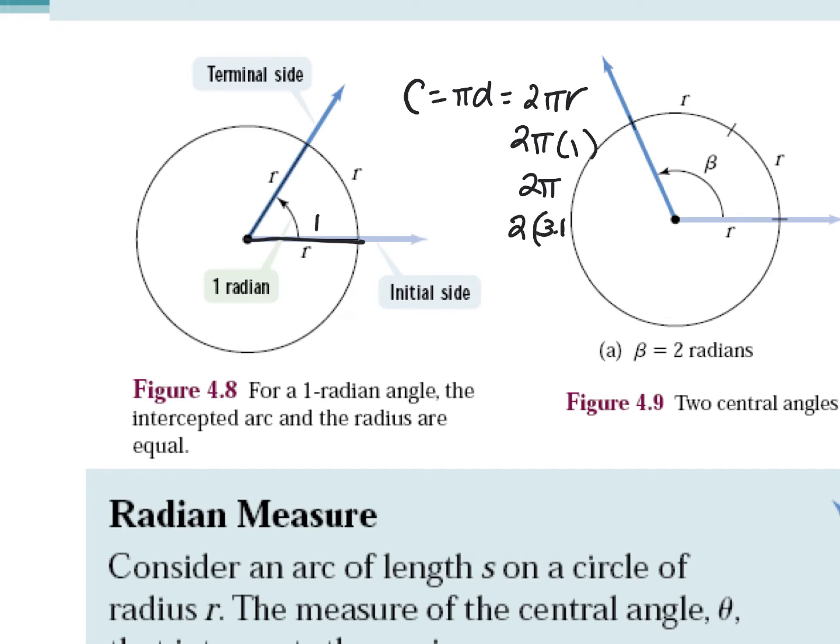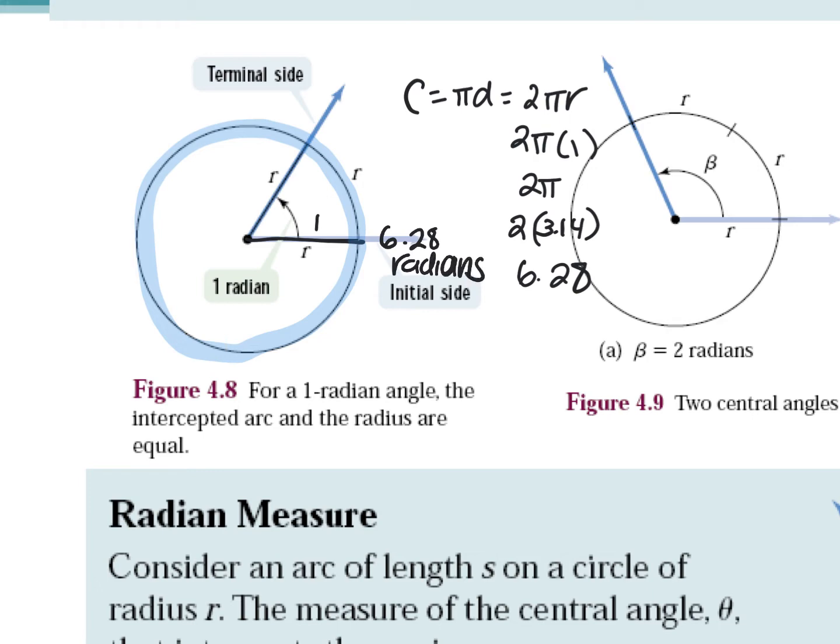So if I approximate it to be 3.14, that means my whole circle all the way around is how much? 6.28. So this is where the measurement of a radian comes from. The full circle all the way around is 6.28 radians. In a moment, I'll teach you how to divide that up so you can graph a radian, okay? But all the way around would be 2 pi, which is also 6.28 radians.